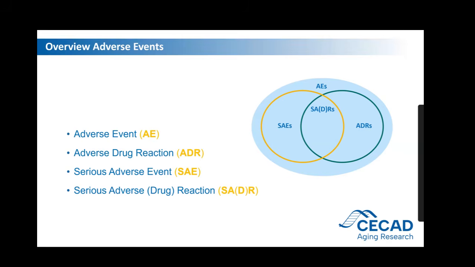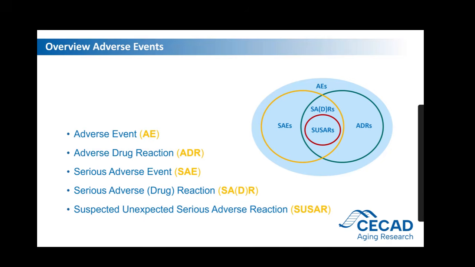And ultimately, and the most important category regarding your obligations and the criticality for patient safety is a SUSAR, which is a serious adverse event with a probable connection to the IMP that has not been previously defined in the IB or SmPC. So this is what you should take home with you in regards to pharmacovigilance.